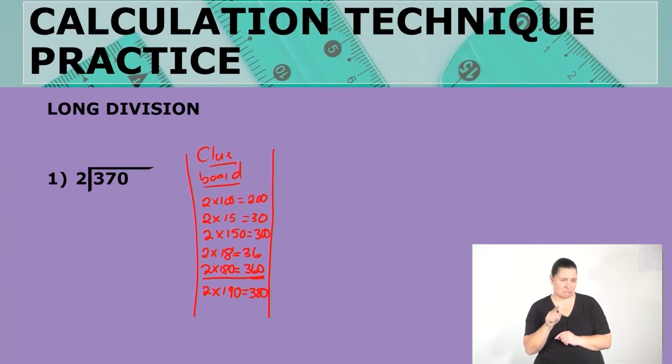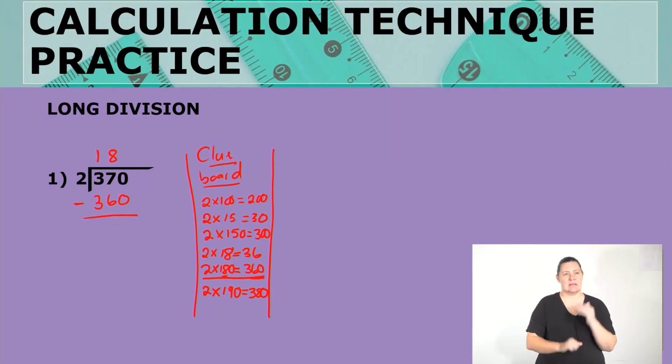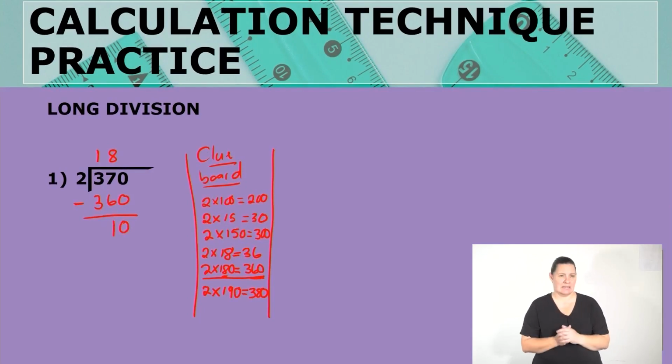Let's work with that. So because we multiplied by 180, we are going to put the 100 in the hundreds column, the 8 tens in the tens column, and then we have that. So 180 multiplied by 2 gives us 360. So we are going to subtract that. 370 minus 360 leaves us with just 10.